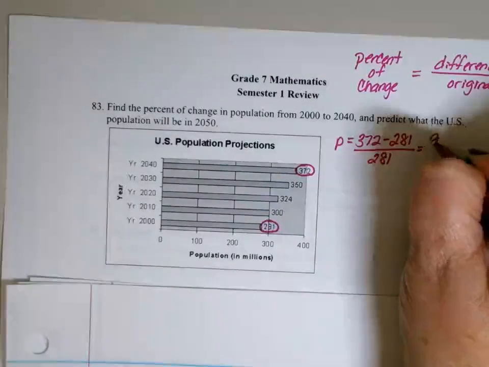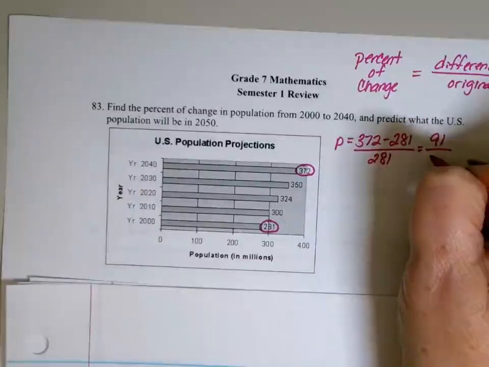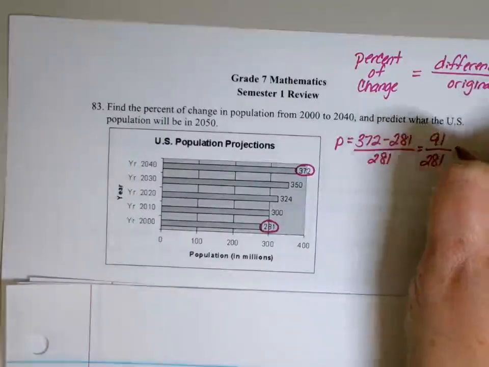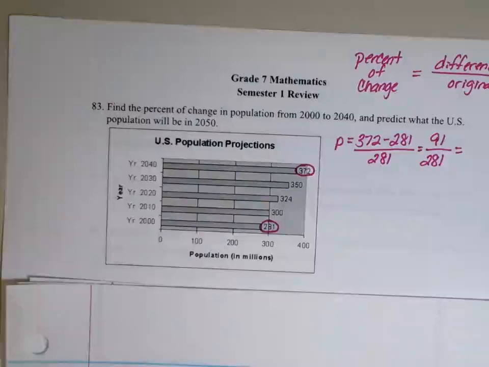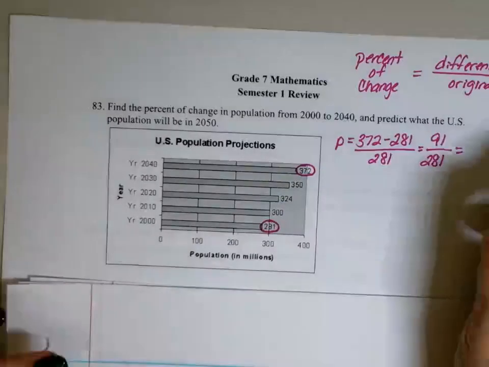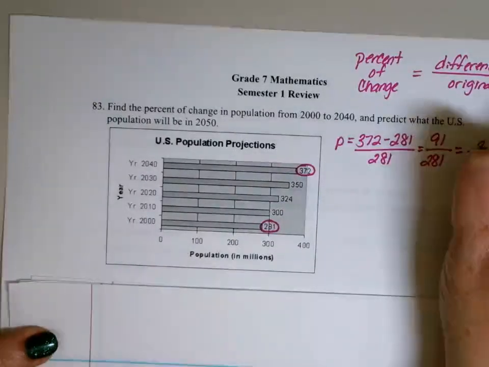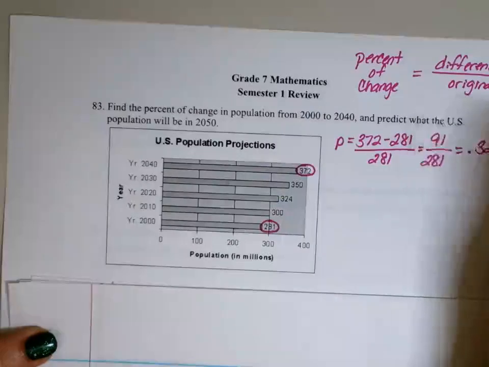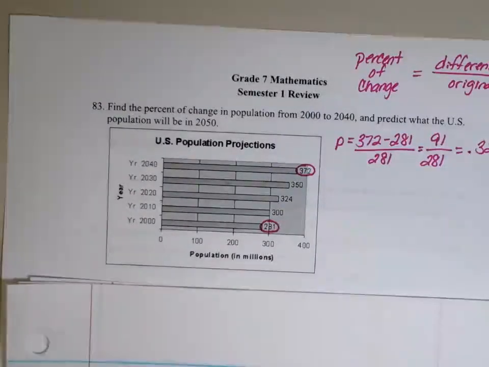Yeah, I got it. And that is divided by 281, and that gives me what? 91 divided by 281. 0.3238. We're going to round it, 0.324. Okay?